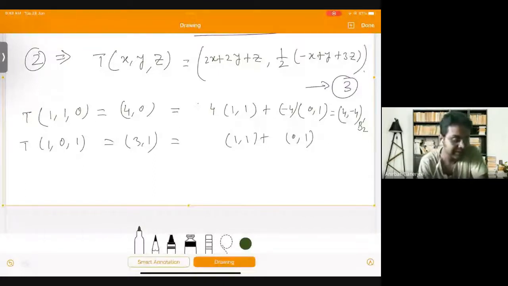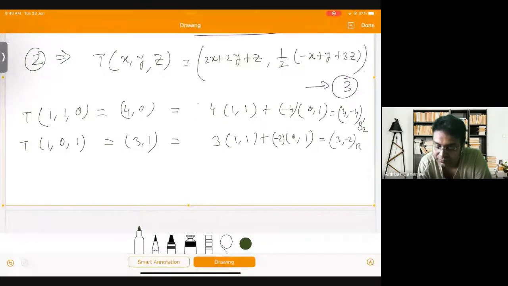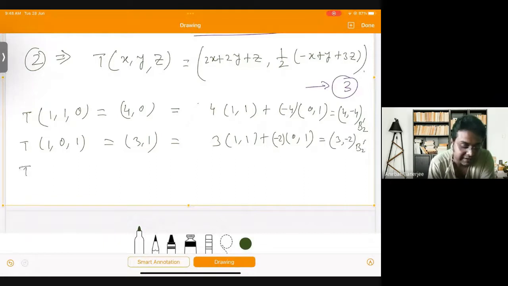Okay, now what will be this value? Here also it's not difficult to figure it out. We can apply 3, and then we have to take minus 2. So that means this is the vector 3 comma minus 2 with respect to the basis B2 prime. Again, we take the linear transformation of the third one, that is T of 0 comma 1 comma 1.